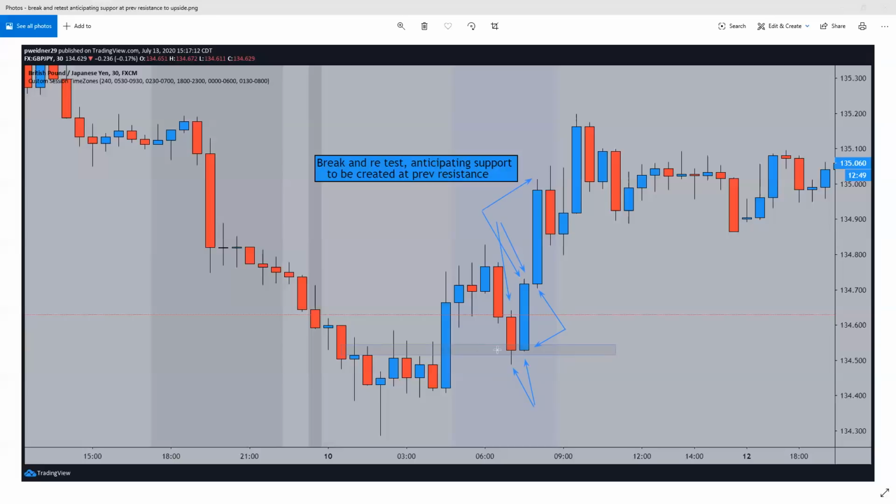So that's how you can kind of anticipate or predict, whatever you want to say, that support could be forming here to then continue up based on how the candles are moving. So as we were coming up, we continued to make higher highs and higher lows. And then when price wanted to come down, it started making lower lows and lower highs. So now price is starting to come back up, higher low, higher high, and price went up.